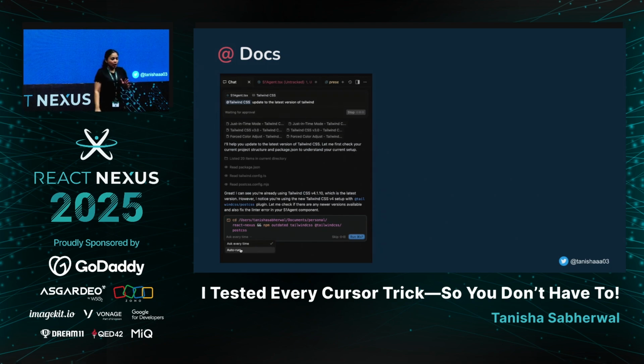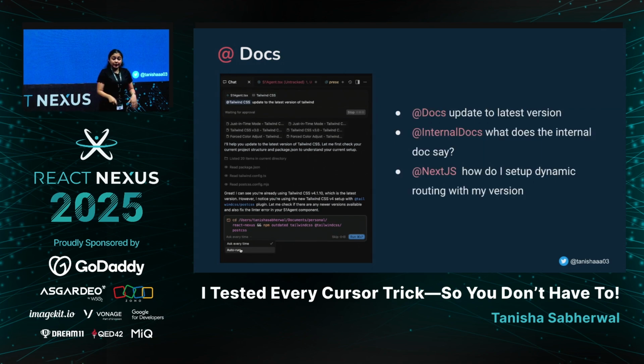@docs. Now, this comes in handy because most of the docs out there, public frameworks, public libraries, are already attached in Cursor. So all you want to do is add docs and choose your library, and you have it all there. You can use it to update your versions.